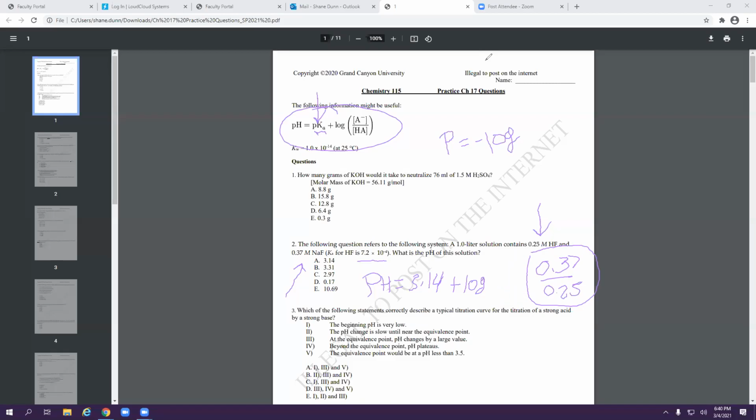That's why I was a little late. So to do this, I need to do everything one step at a time. 1.14, get the log of that, plus 3.14, and when you plug all this together, you'll get 3.31. That's the pH of our buffer. Does that make sense?